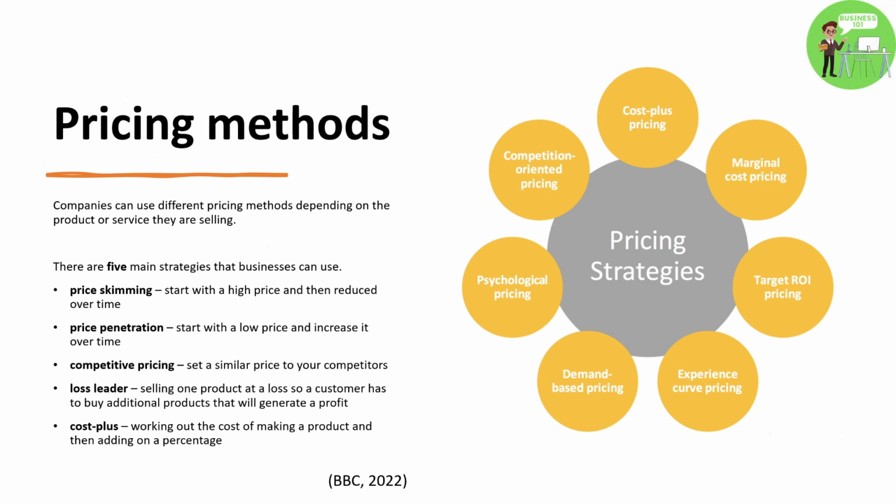For example, with this new generation of PlayStation games, the price of a game has gone from £60 for the average AAA game to £70. So this is how they're recovering costs. And finally, cost plus. So working out the cost of making a product and then adding on a percentage to that.